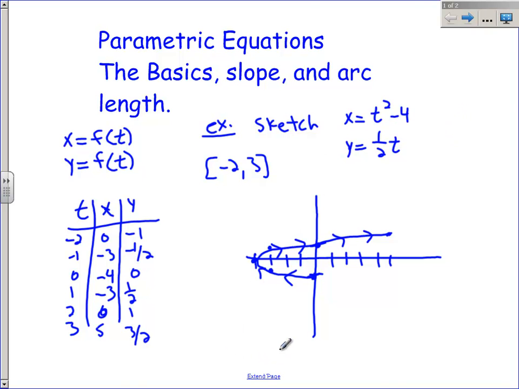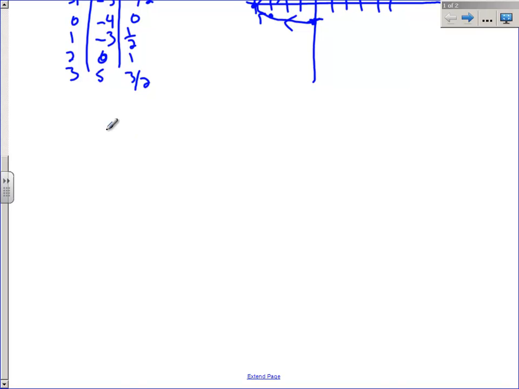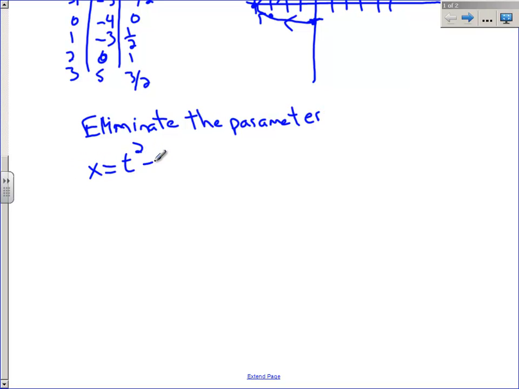Okay, we can also do something called eliminate the parameter to get it into something that you are more used to. Eliminate the parameter. And the parameter means get rid of t and put it in x's and y's. So we had our equations x equals t squared minus 4, and we had y equals 1/2 t.